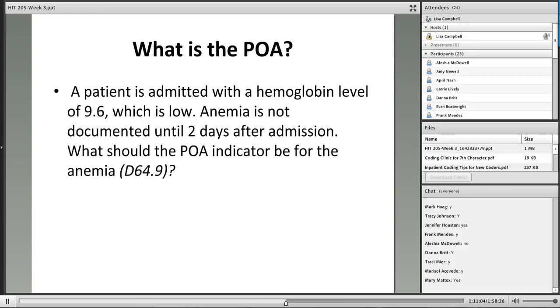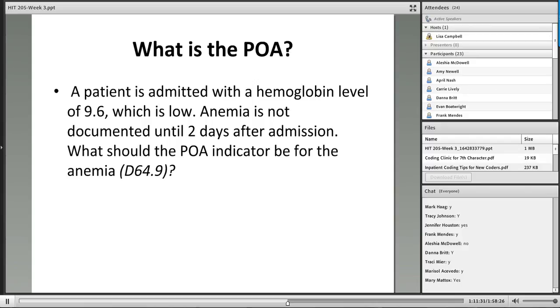So here is the last scenario for POA, and I'll just read something to you from the guidelines. If at the time of code assignment, the documentation is unclear as to whether or not a condition was present on admission or not, it is appropriate to query the provider for clarification.